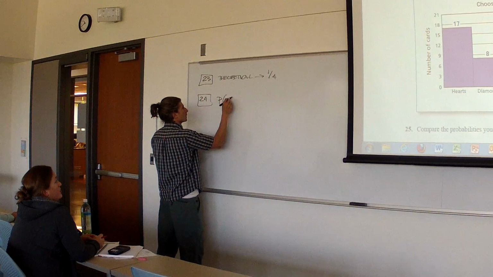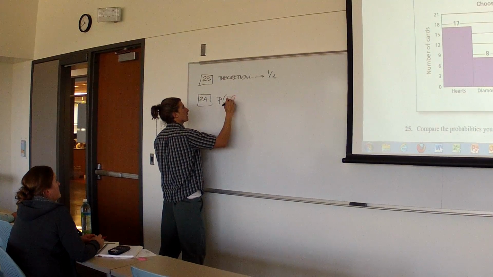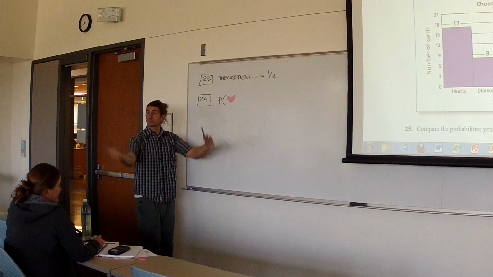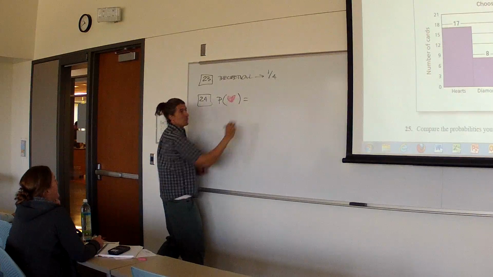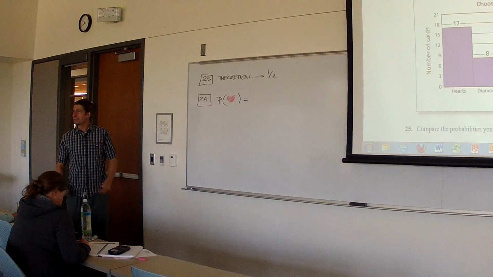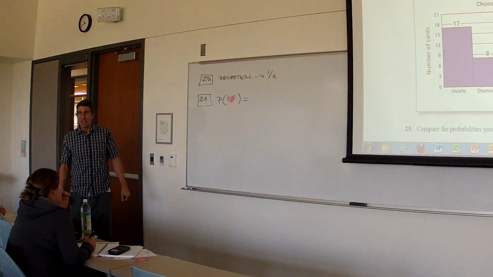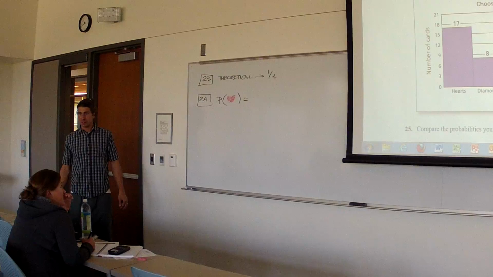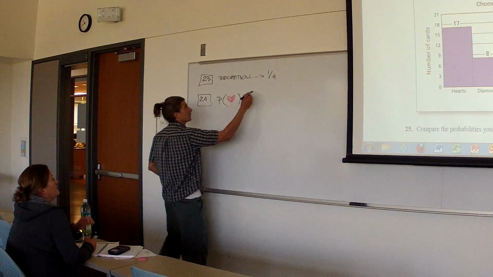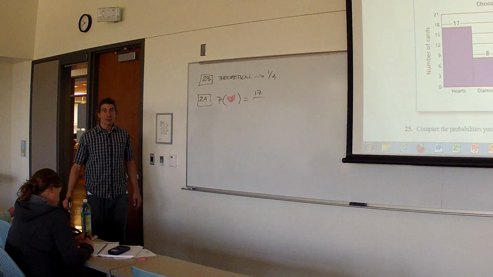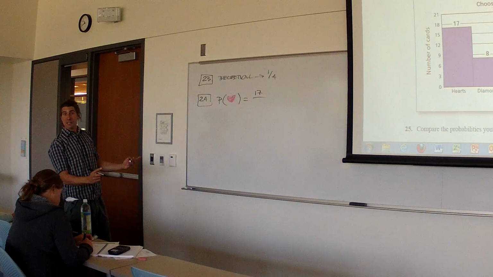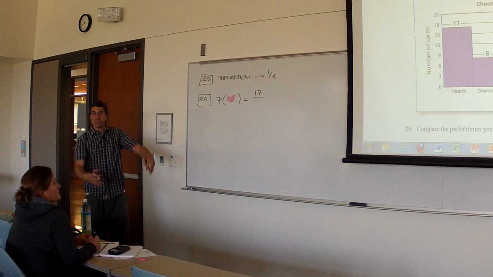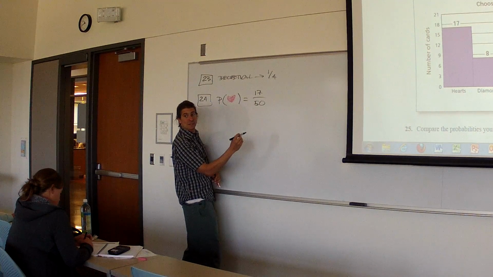Let's be fancy and draw a picture. What's the chance of hearts, experimental probability? 17 out of how many did we do altogether? Looks like 50. 17 plus 8 is 25, 13 plus 12 is 25, that's 50 altogether. 17 out of 50? What's that as a percentage?